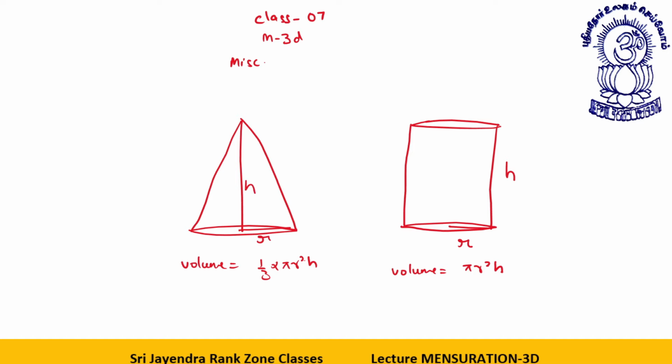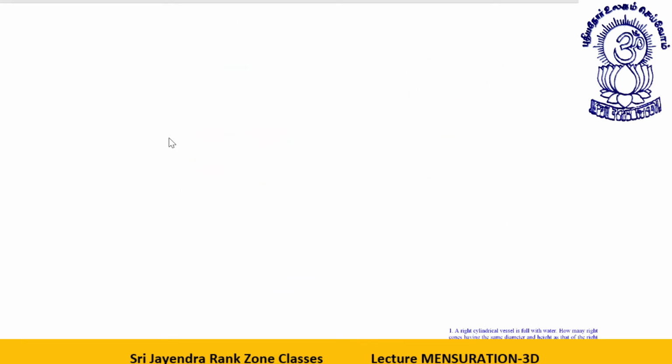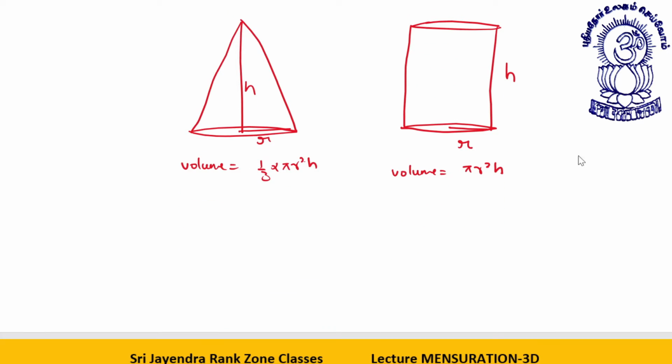Okay, dear students. Now, next thing. Next thing is what? Let's say, what I do this time, I take a cylinder. This is radius r, and this height is equal to r.